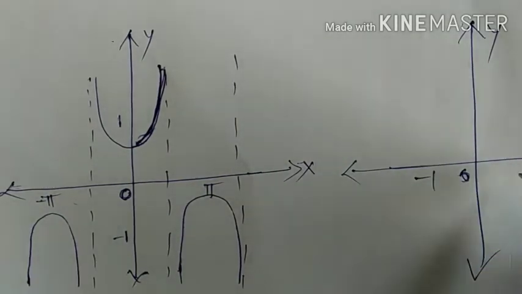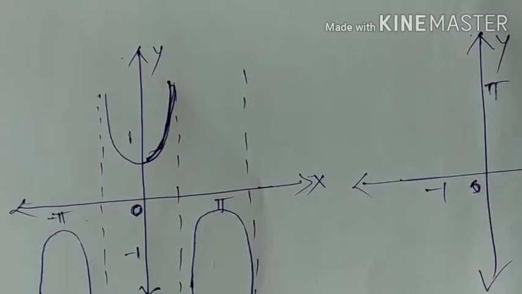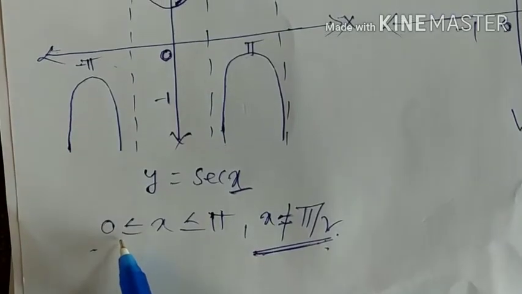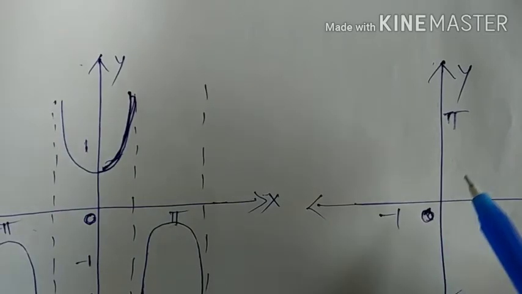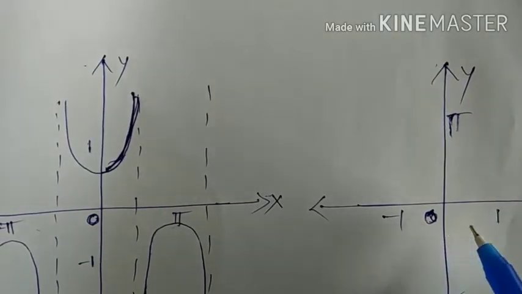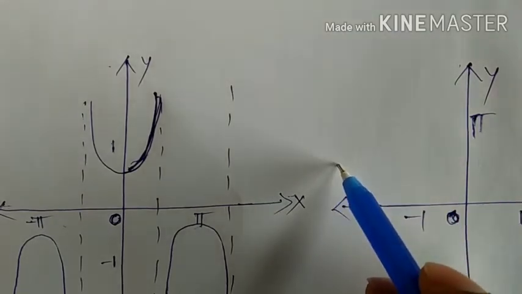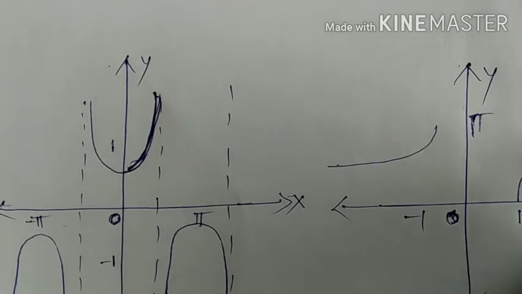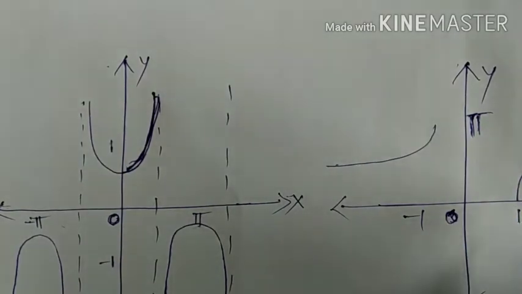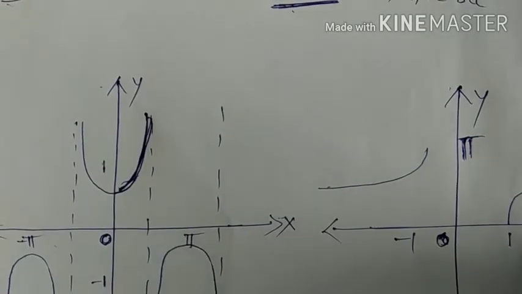So here it is minus 1, here it is plus 1, and here it is pi, because this is defined for 0 to pi only. For these values it is defined, so that's why we consider 0 and pi. So a rough graph for this function is just like this. If you take the certain intervals you will get the proper graph. This is just for identification, so you can easily understand these kinds of graphs.